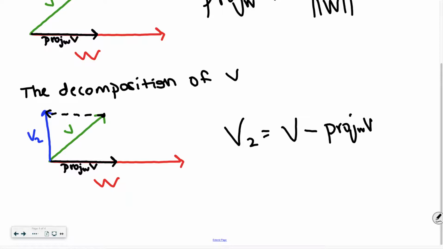Is V bisecting it? No. Well, okay, I drew it that V is bisecting it, but it's not always going to. But if it wasn't, you had something like that.